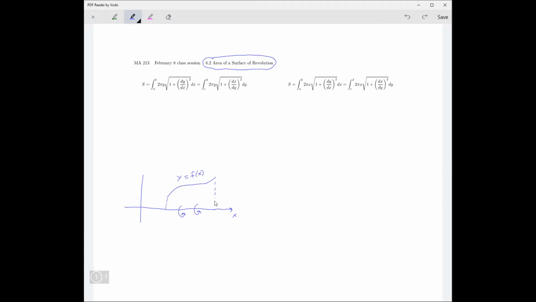Then what would happen is you would get some object like this. So that's what your rotation would be like.